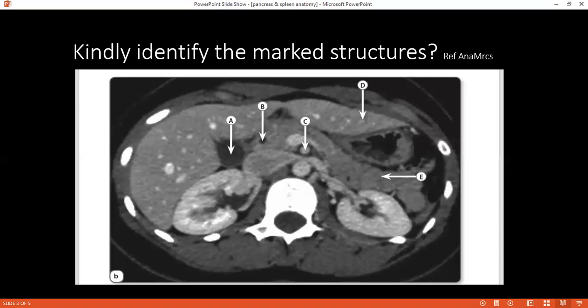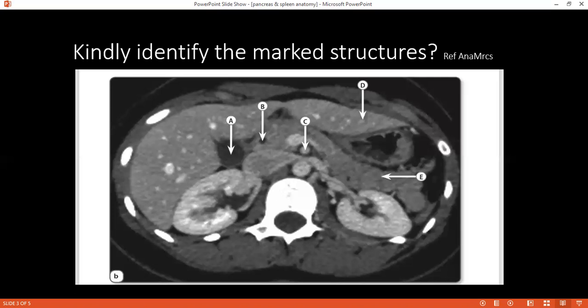Because of the ligament attached to the spleen, during dissection of the splenectomy and the ligation of the splenic artery and vein, there can be injury of the tail of the pancreas.